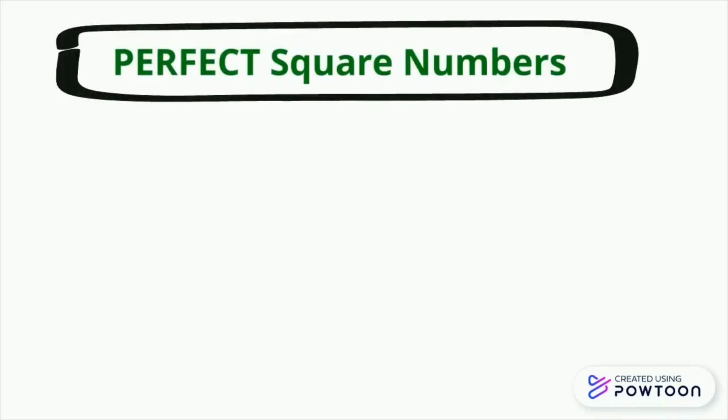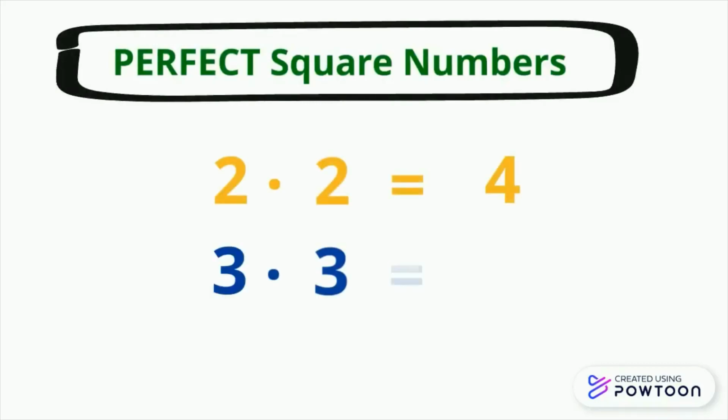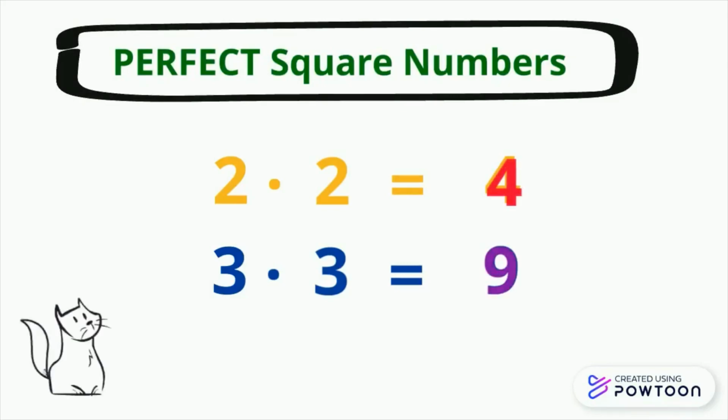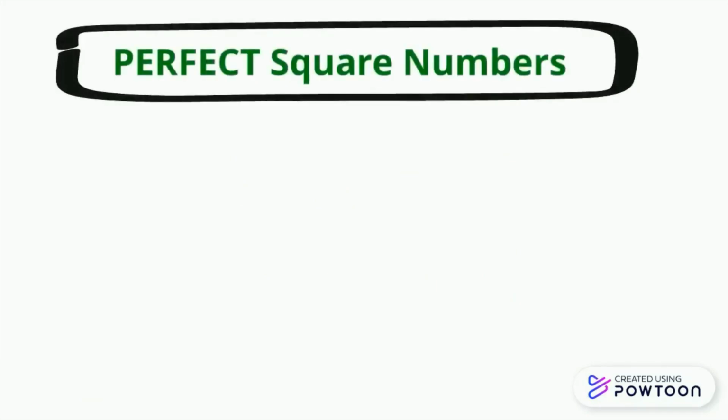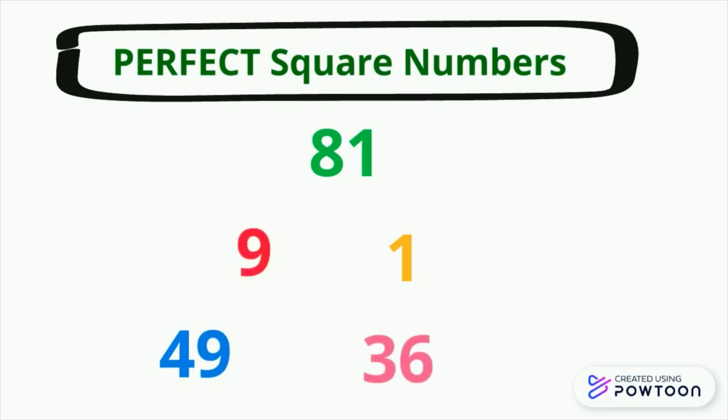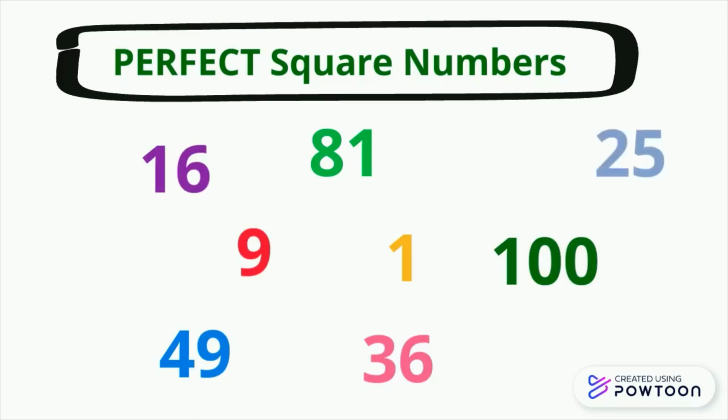Just like 2 times 2 is 4 and 3 times 3 is 9. 4 and 9 are perfect square numbers. More perfect square numbers: we have 81, 1, 49, 36, 9, 100, 16, and 25.